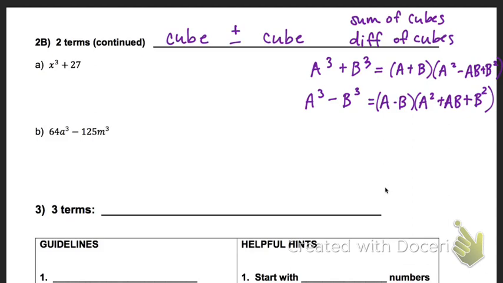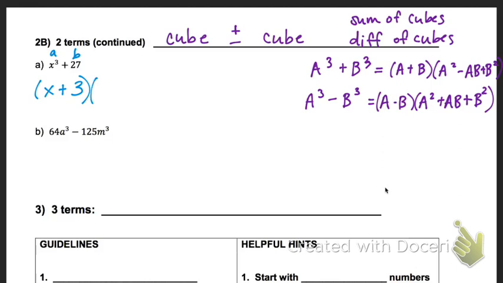I want to cube root both of these. So what is the cube root of x cubed? x. Just x. The cube root of 27 is 3. So x plus 3, because my a term would be x and my b term would be 3.